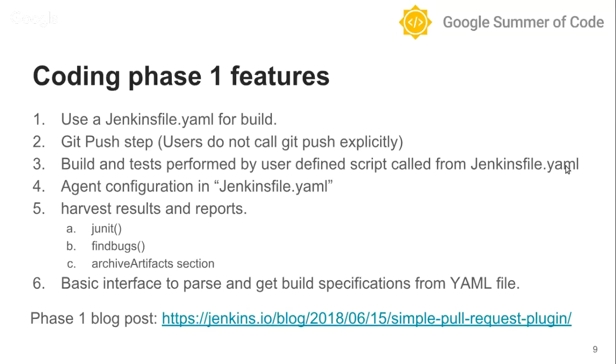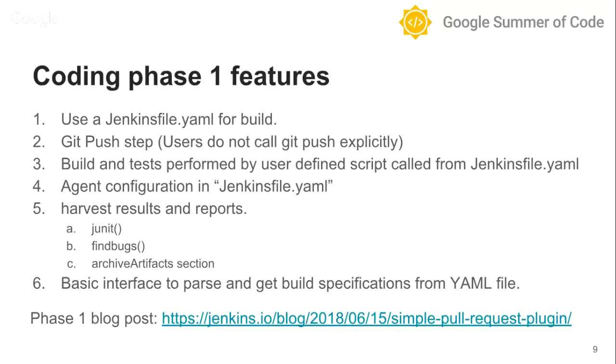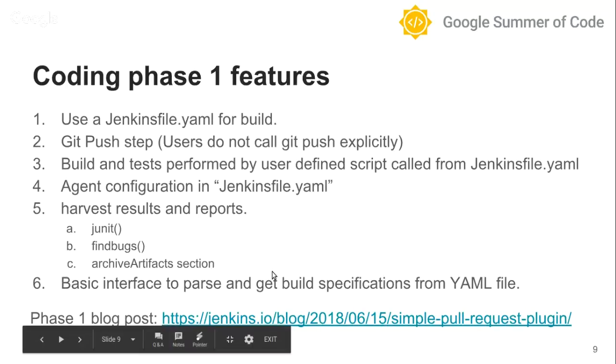We used Jenkinsfile.yml to build the project. Then we had agent configuration in that, and I implemented these three things: harvesting reports using JUnit, harvesting reports for FindBugs, and the archive artifacts section. And I implemented a basic interface so that the YAML configuration can be converted to declarative pipeline. Here's the link of blog post 1 for phase 1.